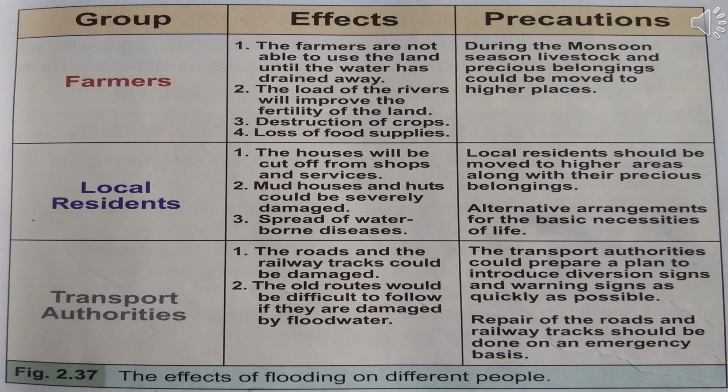So what happens when a river flood occurs? You can see here that 3 to 4 points are written: the farmers would not be able to use the land until the flood water has drained away. Before that, farmers in Pakistan are usually growing 2 crops per year, specifically in the plain areas, in the Indus plain.